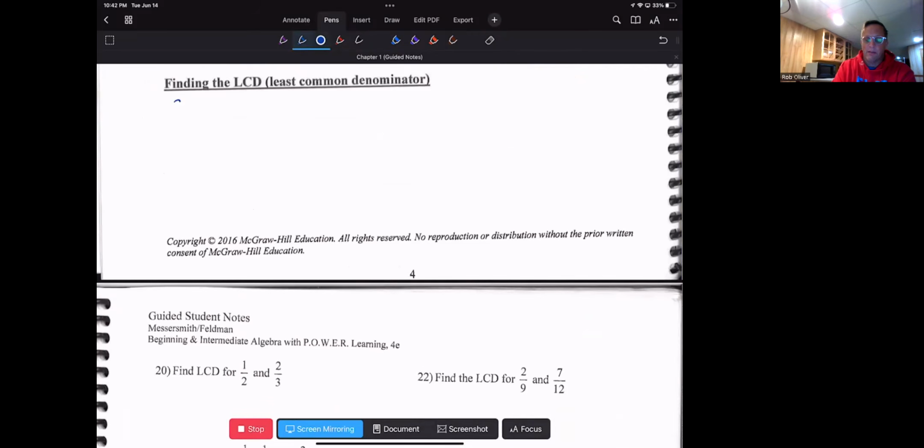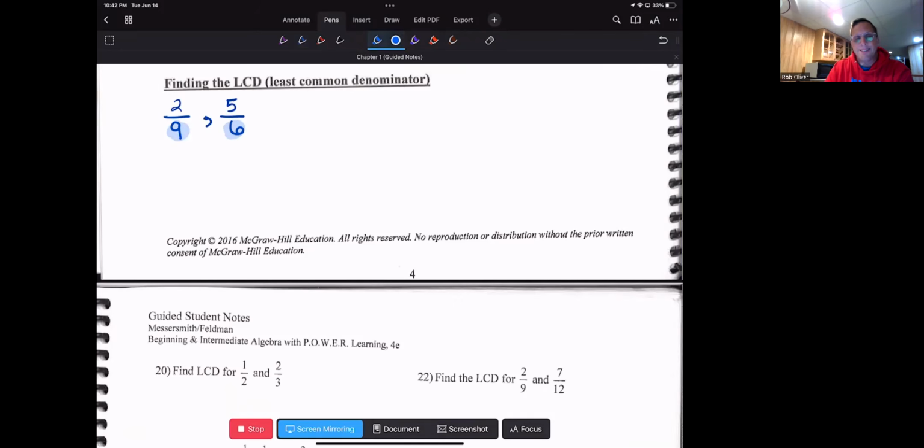So let's say we have a fraction like 2/5. I don't like 2/5. Let's do 2/9. And let's say the other fraction is 5/6. Okay, so you've got 2/9 and 5/6. What we're going to do is focus in particular on the denominators, and find the least common denominator.